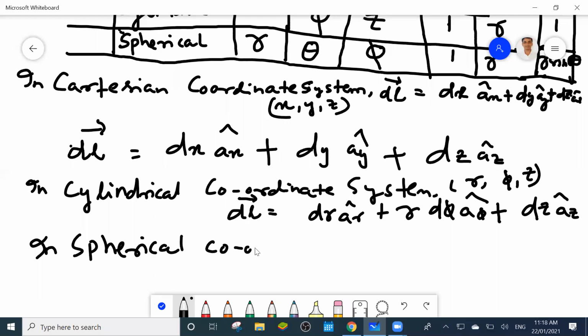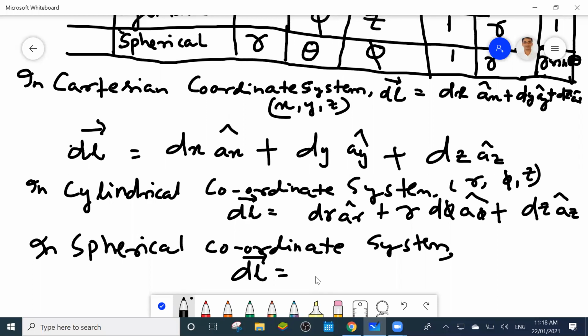Write in your notebook and tell. dL equals dr a_r cap plus r d theta a_theta cap plus r sin theta d phi a_phi cap.